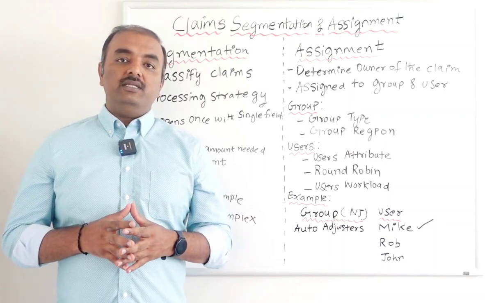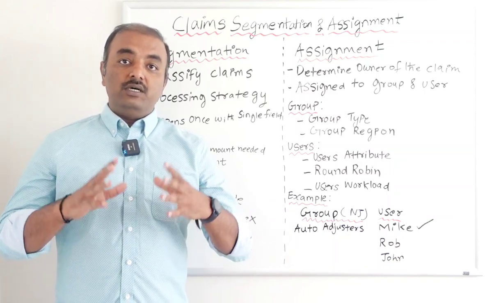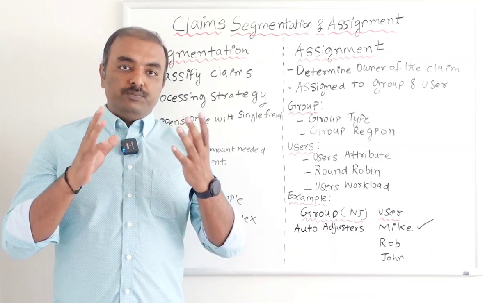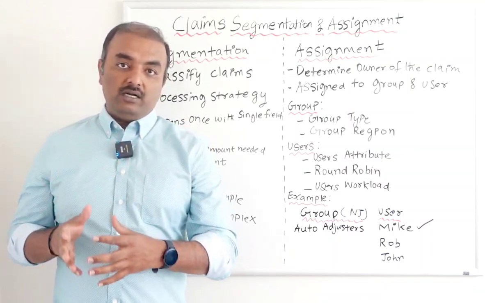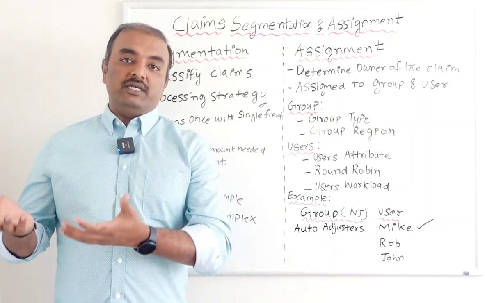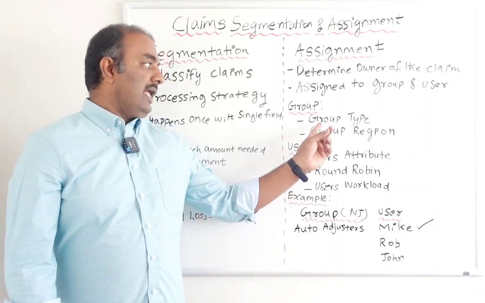Every insurance company will create like 15 to 20 groups. Say group 1 can be personal auto simple, which means any claim which is simple and comes under personal auto will be assigned to that group, and that group can have 5 to 6 users, and within that group you can assign it to the users. So that is one type, group type.